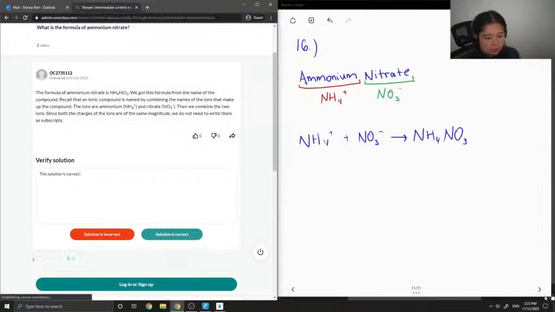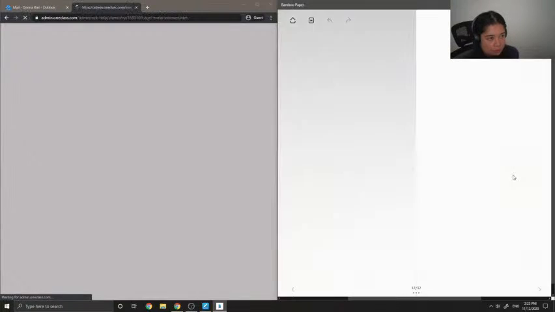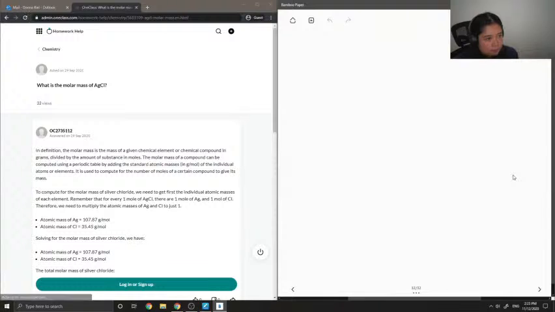Okay, so I think we have time for one more question. It simply just asks, what is the molar mass of silver chloride? So first, if you look on a periodic table and try to find the atomic weight of silver, it is 107.87 grams per mole.